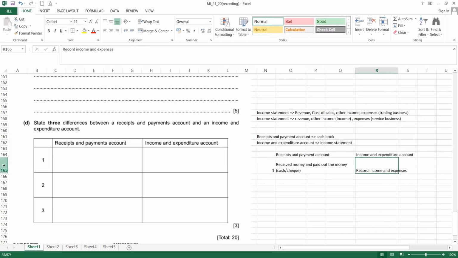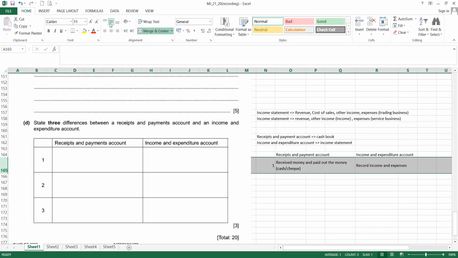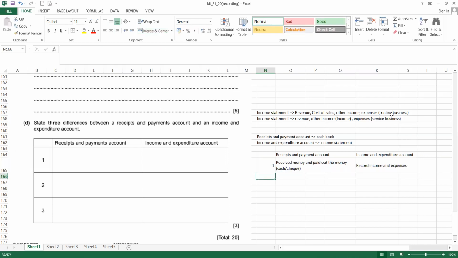There is a difference between service account and the trading business. Second difference, when it comes to the receipt and payment or cash book, we ignore the accounting adjustment. We take whatever the actual money that we receive. So we can say ignore the matching concept for recording.